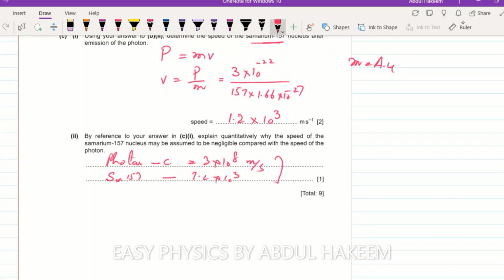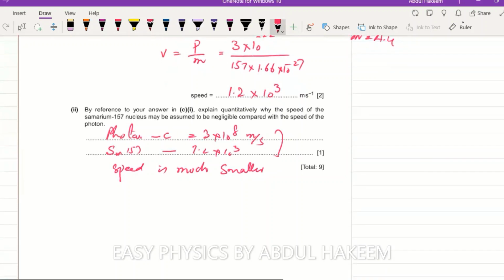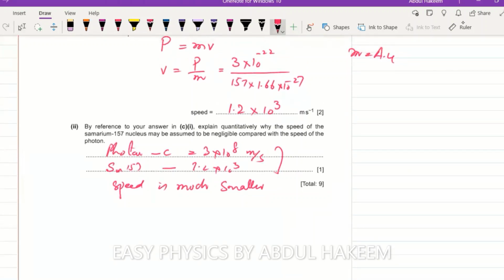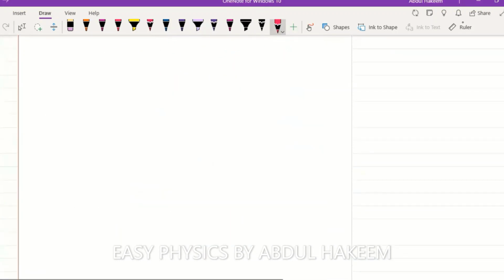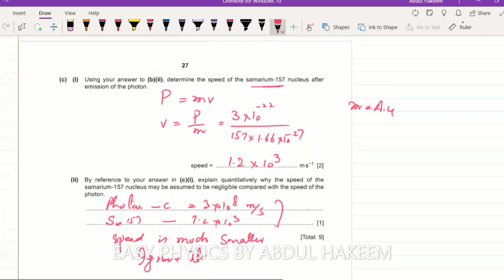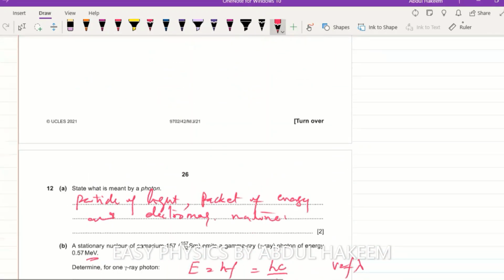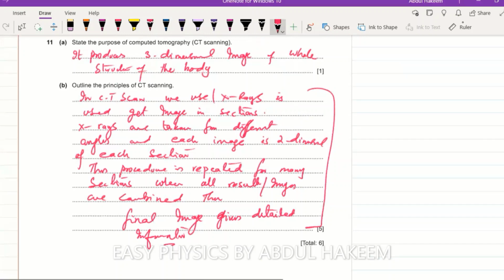So the speed is much smaller. Thus, we can ignore it. Okay. So this is the whole paper. So revise it.